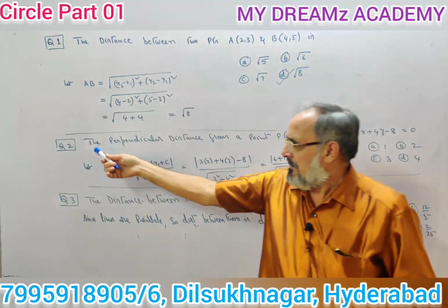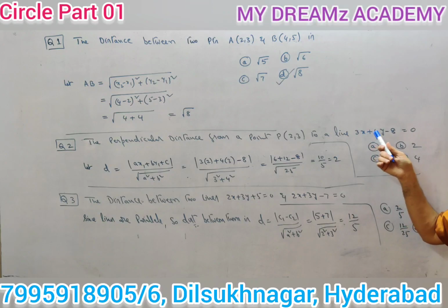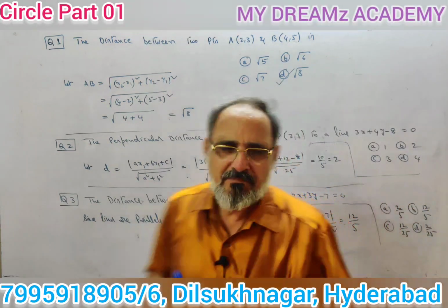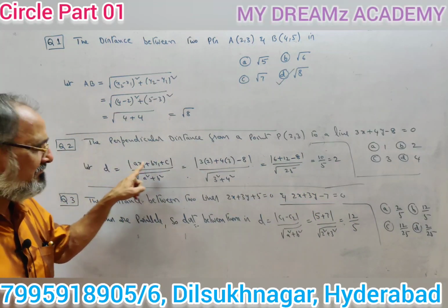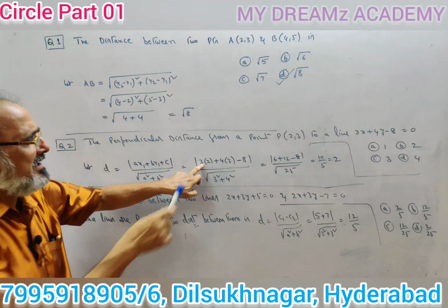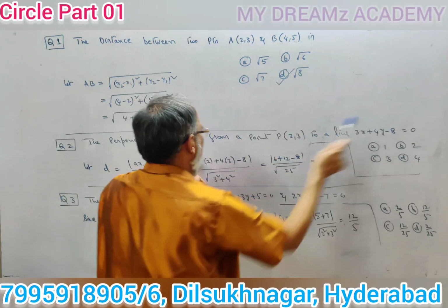Now the second, the perpendicular distance from a point P(2, 3) to a line 3x plus 4y minus 8 equal to 0. For this, the distance formula, just point to the line, is mod of (ax1 plus by1 plus c) divided by root of a square plus b square. So blind application: a is 3, b is 4, c is minus 8.